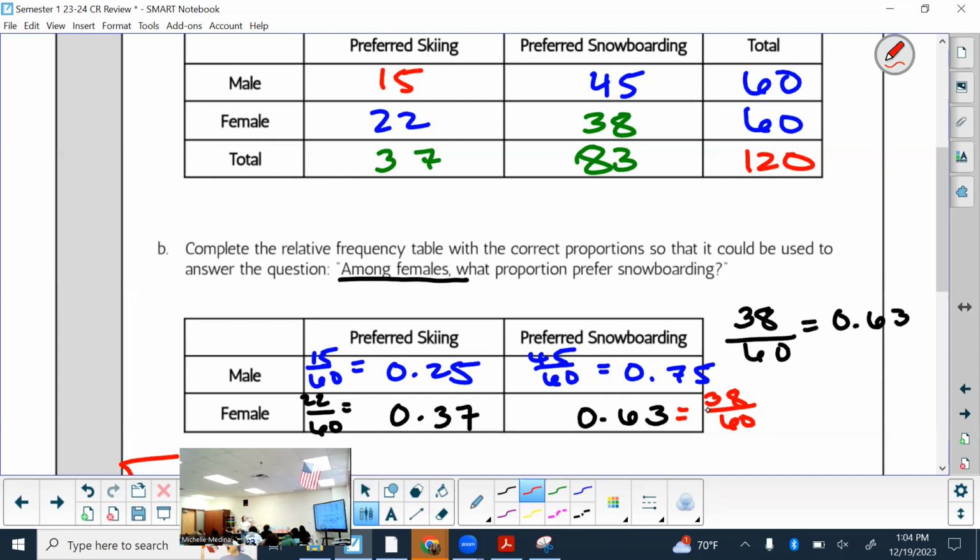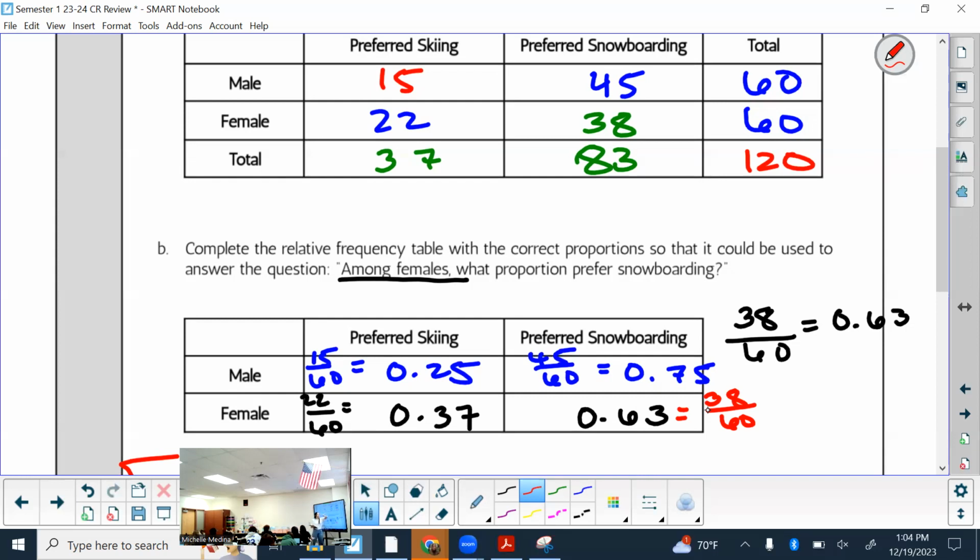Whenever it says among those, given that, out of these people, then that should be your denominator, not the grand total, unless it said out of the people surveyed. So good on that part so far. Now for the males, obviously you're not going to divide by the females. I wish that this was a different number; I think I'll change that next year.